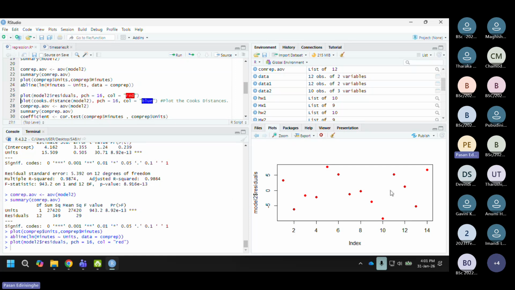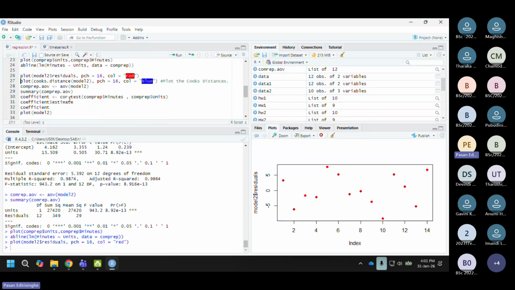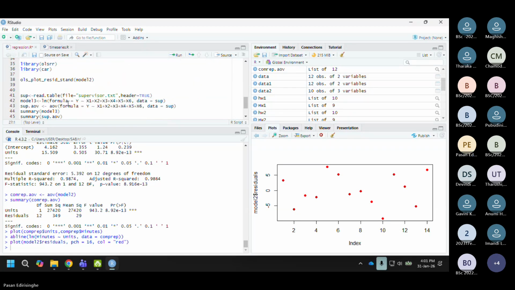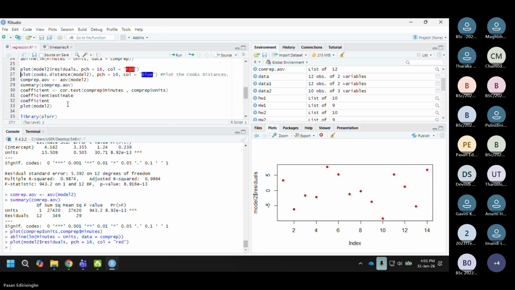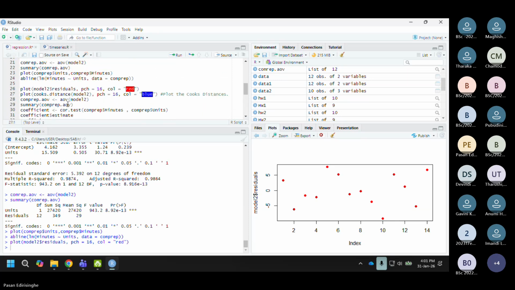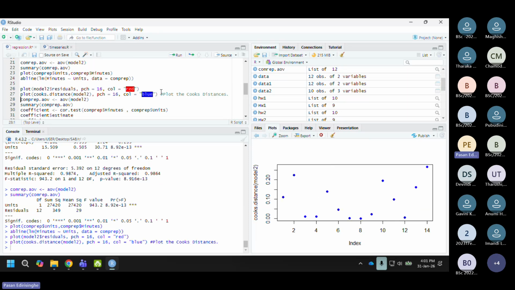These are actually the normal residuals. We need the standardized residuals actually, so we'll come to that later, I think. And we have this group distance as well. I think I mentioned a little bit about that. These are the outlier detections we can have.